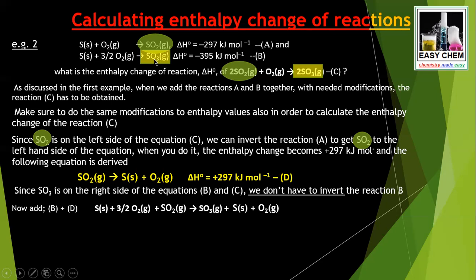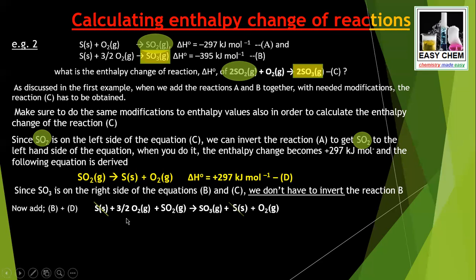From equation B we have sulfur trioxide gas, and from equation D we have sulfur and oxygen. If you analyze this equation, you can't consider it a final equation, because we have similar things on the left-hand side, sulfur, and the right-hand side, sulfur. Left-hand side oxygen, right-hand side also oxygen. So we have to cancel out similar things.